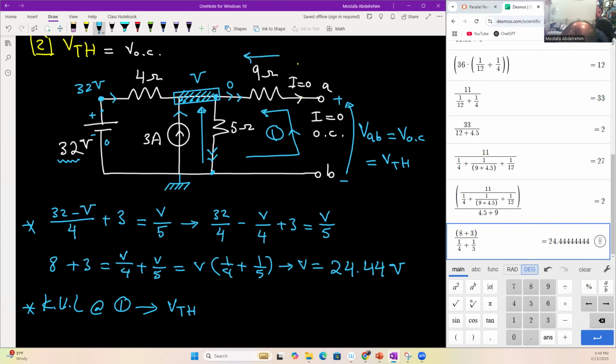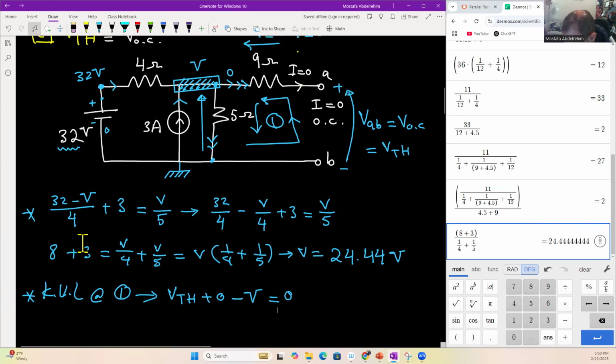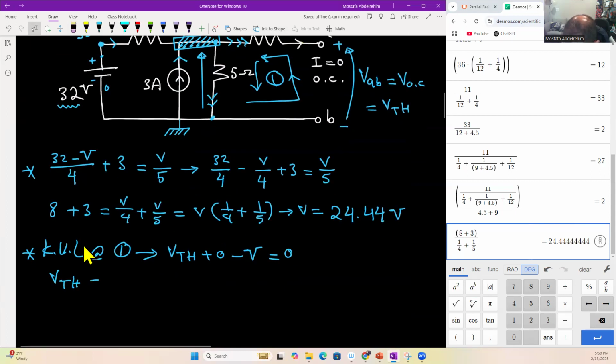The voltage across the 9 ohm: let's assume the current is going in this way, so the voltage is going in this way. But this voltage is the current multiplied by 9, which equals 0, so plus 0. And the voltage V across the 5 ohm resistor is going up, opposite to the positive direction of the loop, so minus V equals 0. So V Thevenin equals V, which is 24.44 volt. So we have V Thevenin, we have R Thevenin.